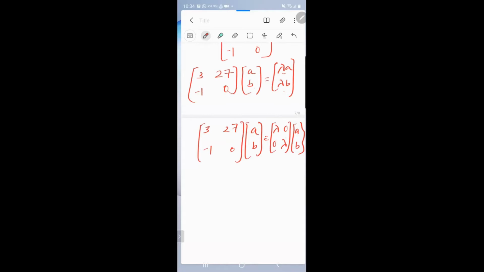I'm multiplying by this matrix, lambda 0 and 0 lambda. So if I transpose this, what I get is 3, 27, minus 1, 0. If I transfer this to the other side, I get minus lambda 0, 0 lambda, times a, b equal to 0.